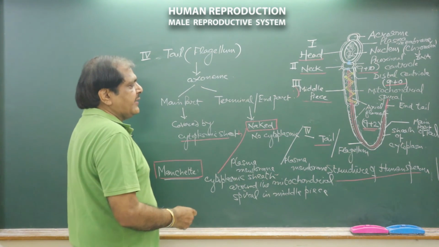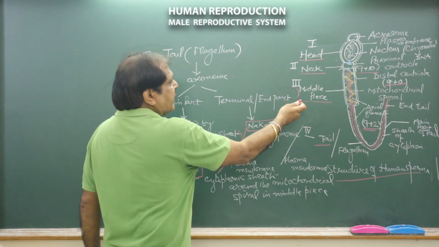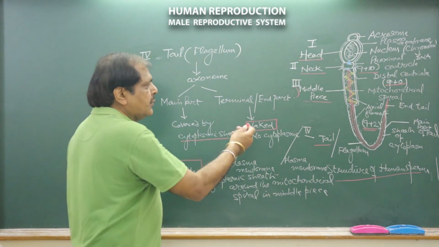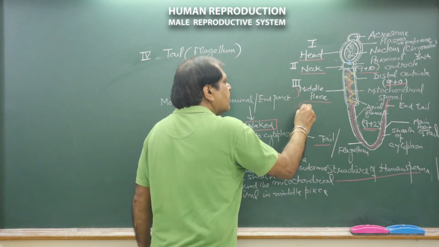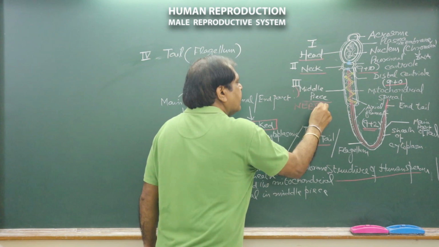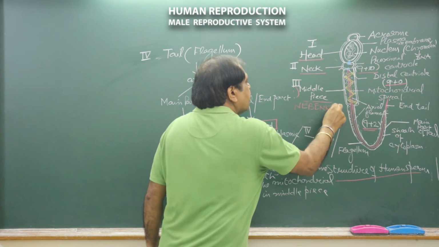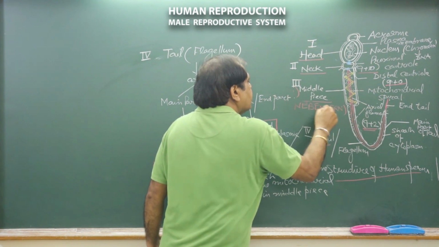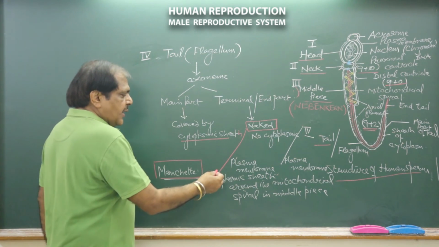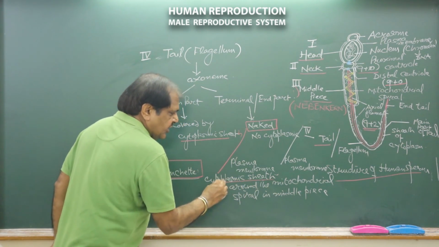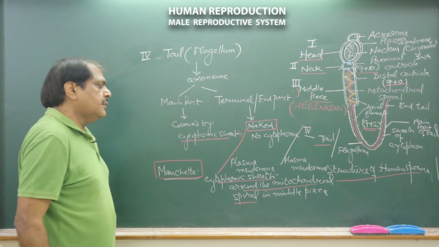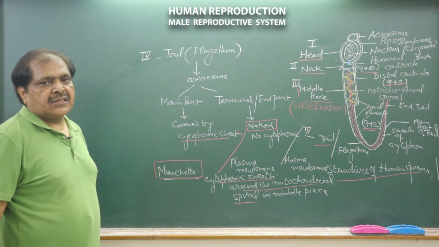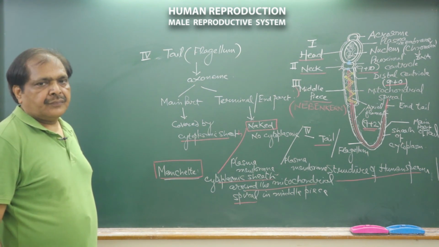And we talked about the Nebenkern, that is also a very important part. This is Nebenkern. Now this is the cytoplasmic sheath around the mitochondrial spiral in the middle piece of the sperm. That's all.